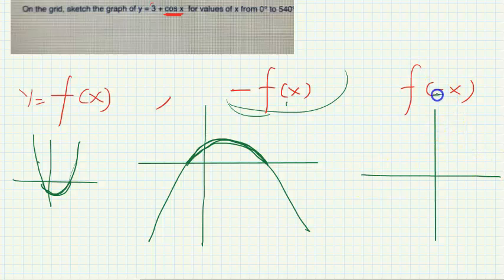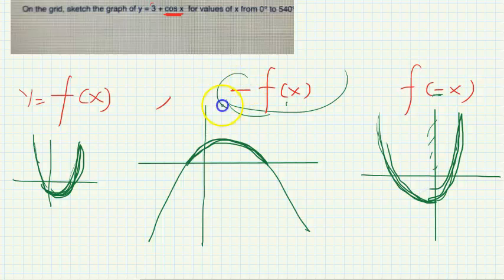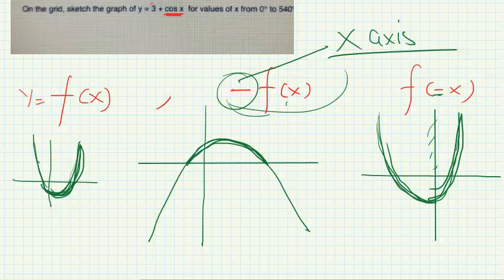And if it is f(minus x), then first this reflection, now it is in the y-axis, then this reflection. So if it is outside, the x-axis will work as a mirror, and if it is inside, the y-axis will work as a mirror.